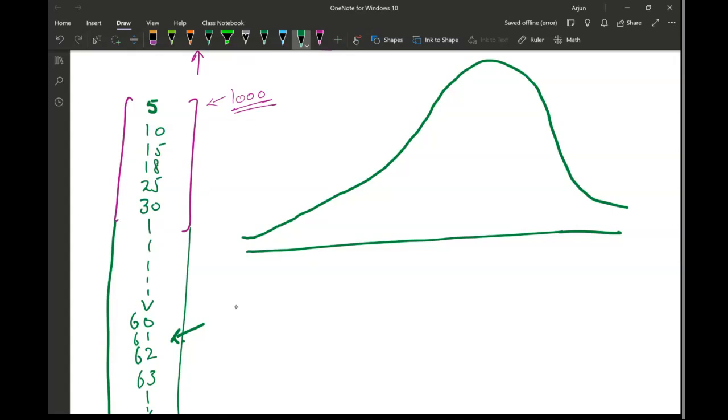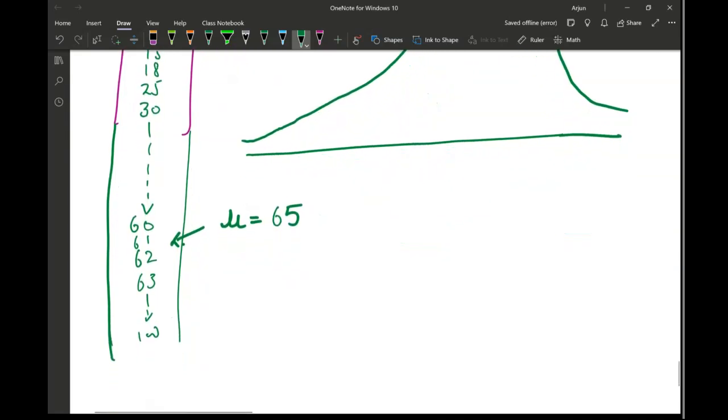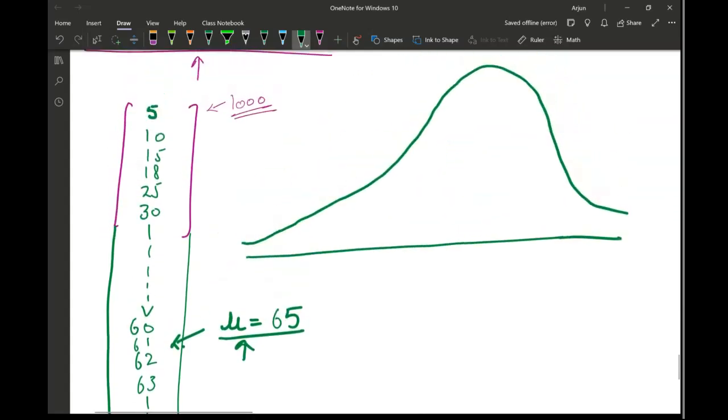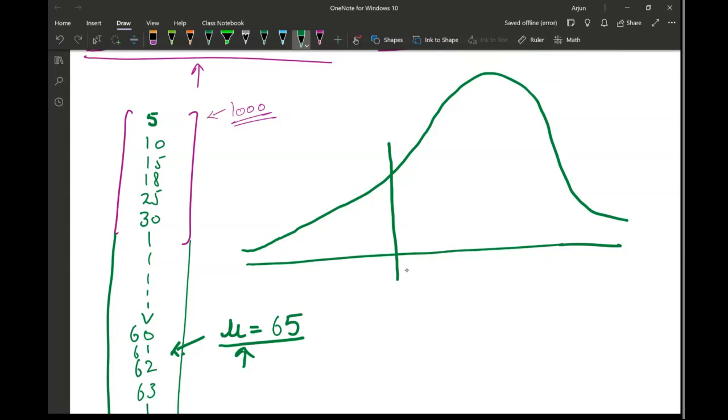And let's say for this section, the mean came out to be 65 years. Oops, what happened here? I accidentally opened another page. So 65 years is when people were hospitalized on average. All right, so the mean value will be somewhere here. This is the mean value for people falling sick.